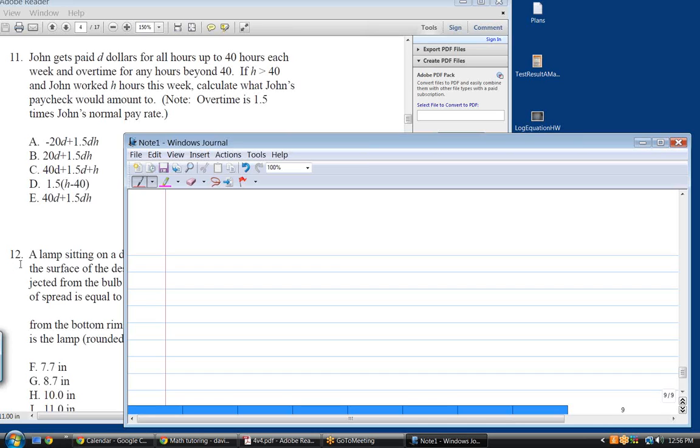So 1.5. Is it 1.5 H minus 40? Yeah, because in other words, the common mistake here would be 40 times D plus 1.5 times H. But you don't get paid for that.